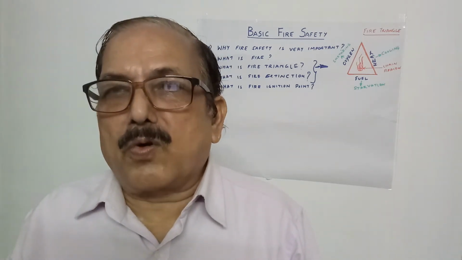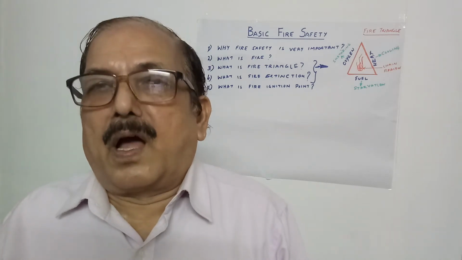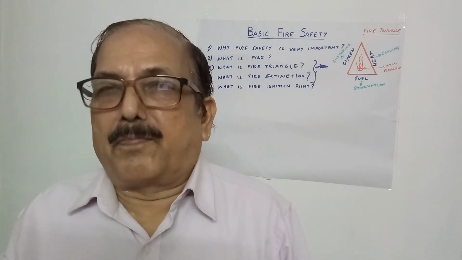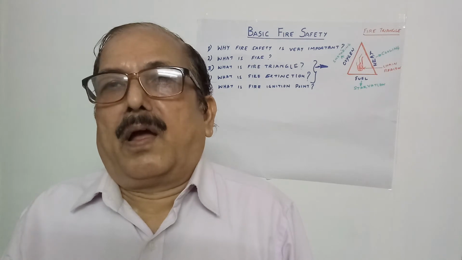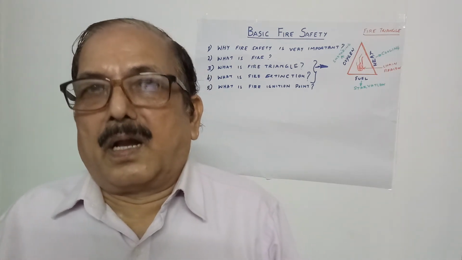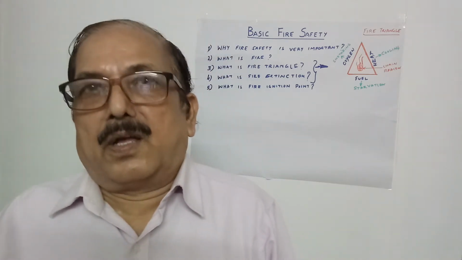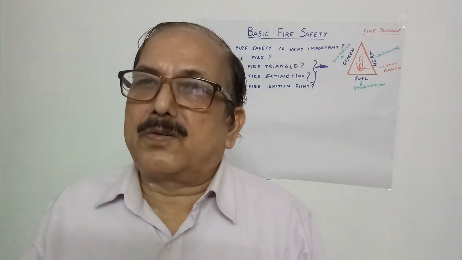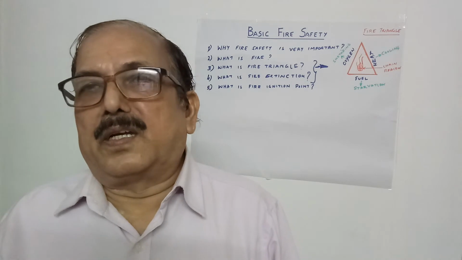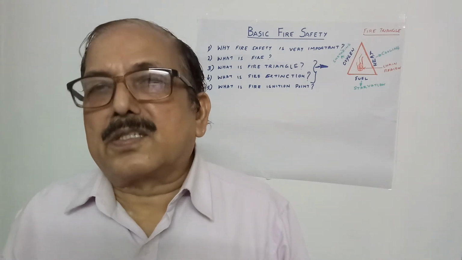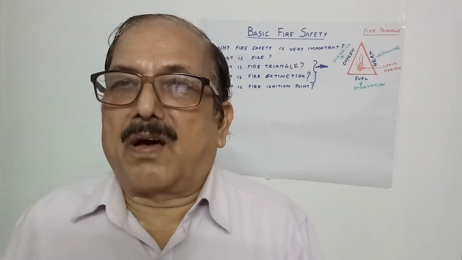Again, in the last class I explained the difference between the types of material, like combustible, flammable and explosive materials. For all these three types of material, the flash point, ignition point and auto ignition point are different.